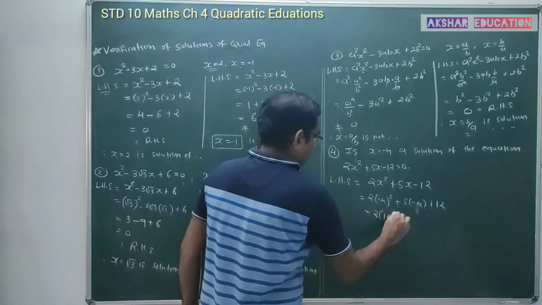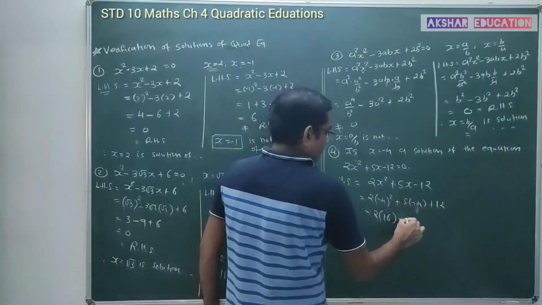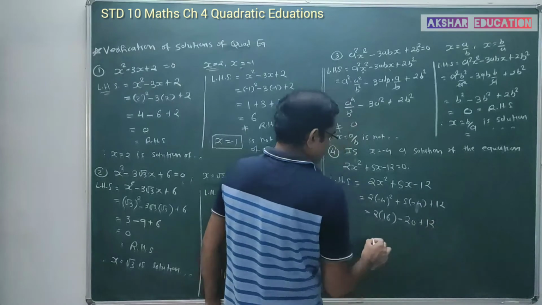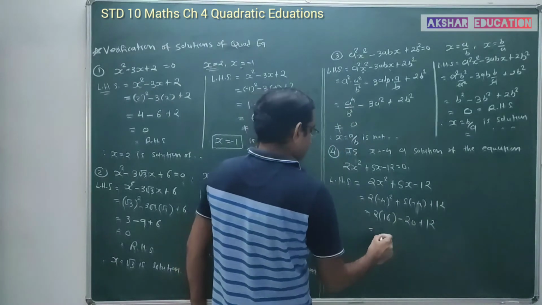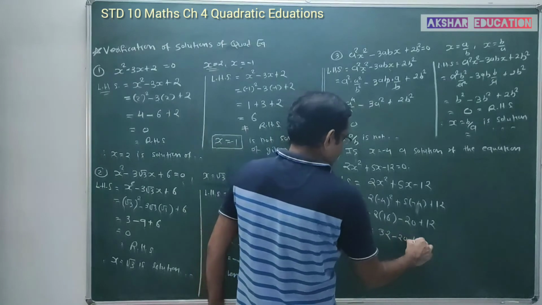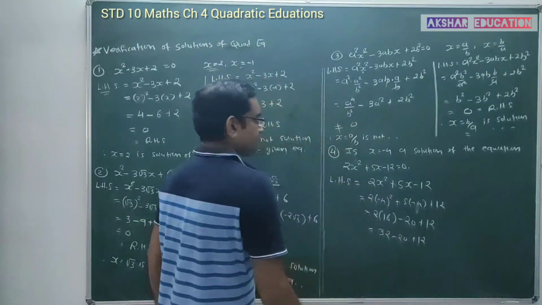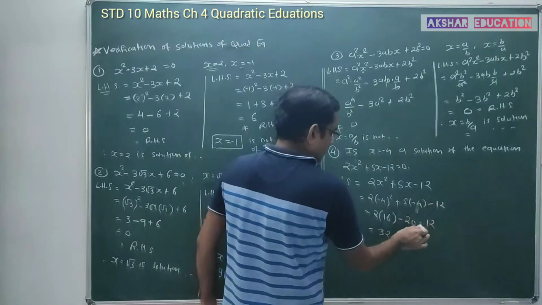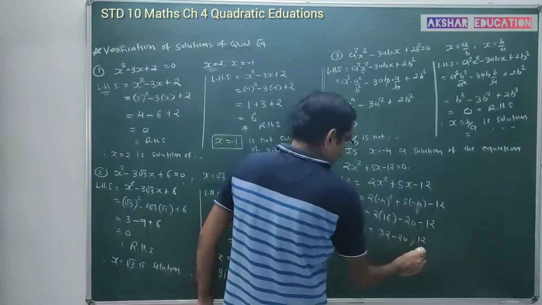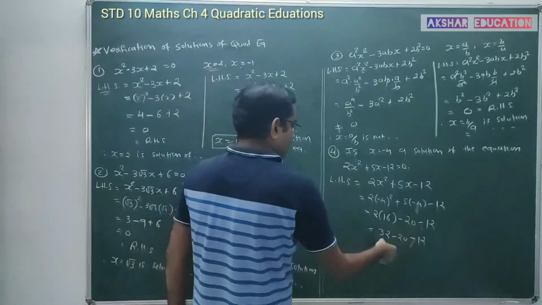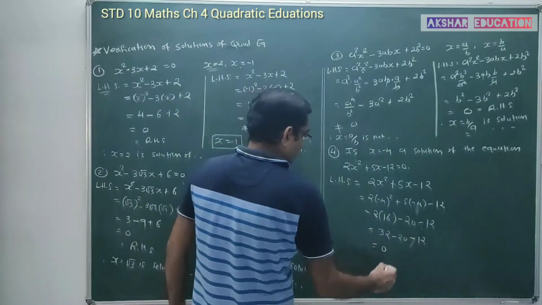So 2 into 16, minus 4 fives are minus 20, minus 12. 16 twos are 32, minus 20 minus 12. Sorry, minus 12 is there in the question, so minus 12 you have to put. So 32 minus 20 minus 12 equal to 0.